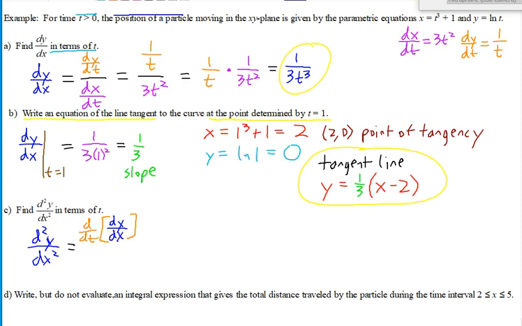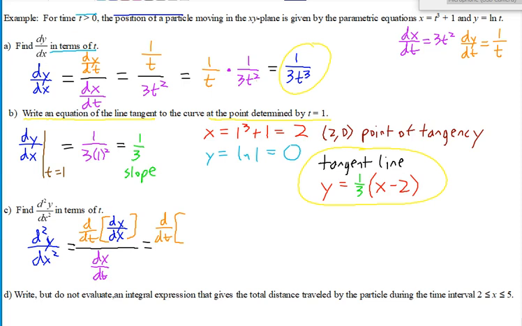But the thing that's different about the parametric ones is that's not going to give us our final answer. We have to divide by dx dt, again in order to get those t's to cancel out. So what we're doing is taking the derivative of the first derivative, which we already found was 1 over 3t squared.